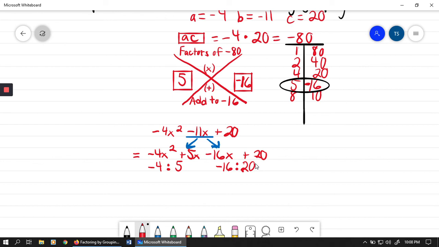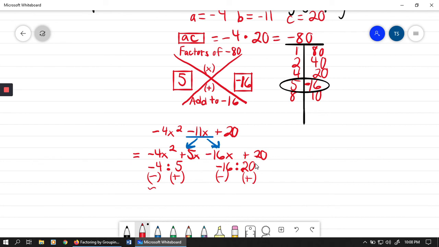A negative and then a positive. But notice how the signs don't match in the other one: that's negative and then positive. See how the signs don't match?